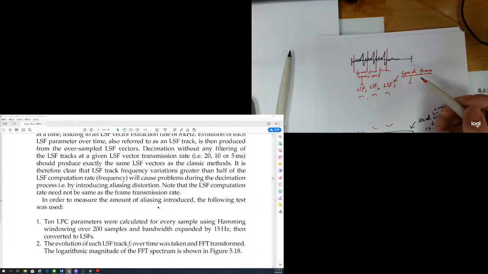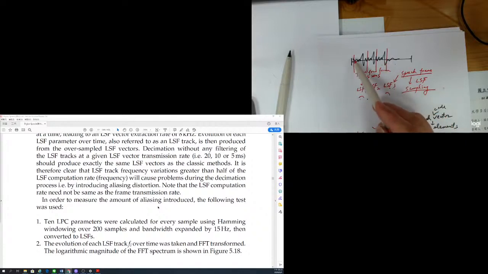For each speech frame, we generate line spectrum frequency. This kind of approach looks like sampling, like a line spectrum frequency sample. So we are trying to do, from the original speech signal waveform, the line spectrum frequency sampling of their coefficients.